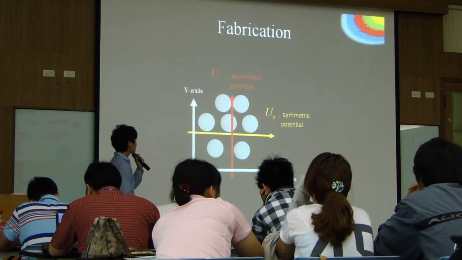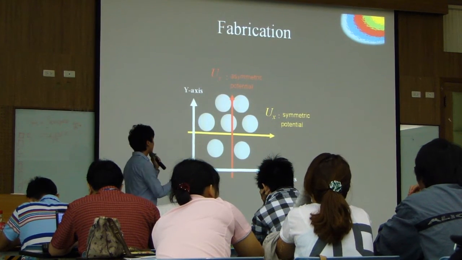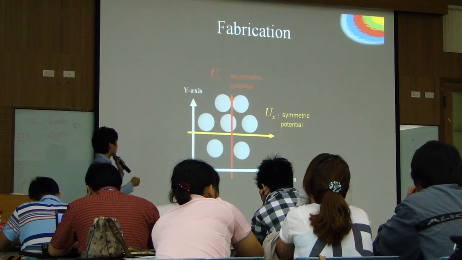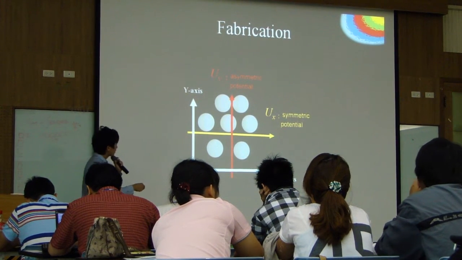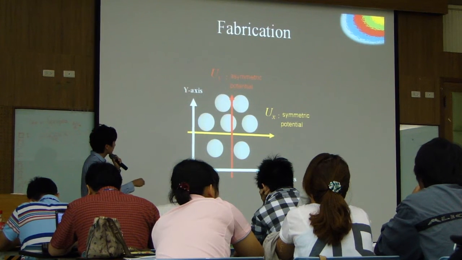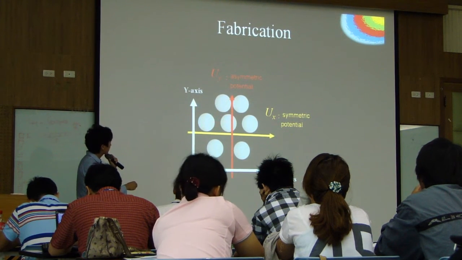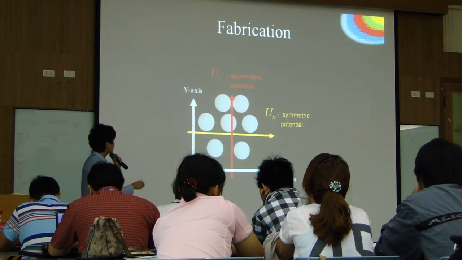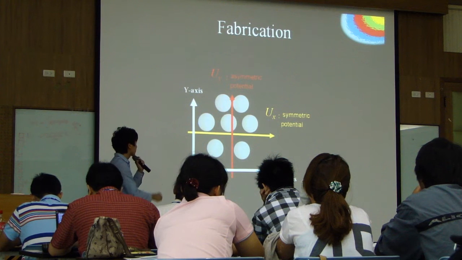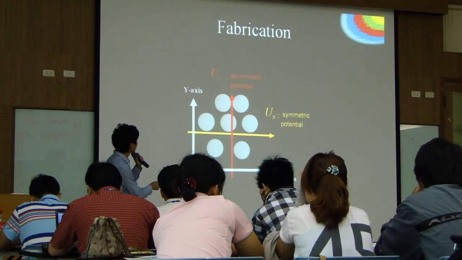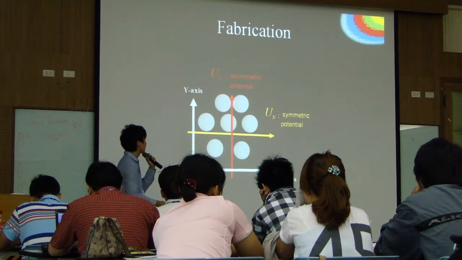So we make a pattern like this. It's still a triangular array, but it will be a symmetry potential in the x-axis because the interval between the vortex in the x-axis will be the same. But it's an asymmetry potential in the y-axis because the interval between the vortex in the y-axis will be different.